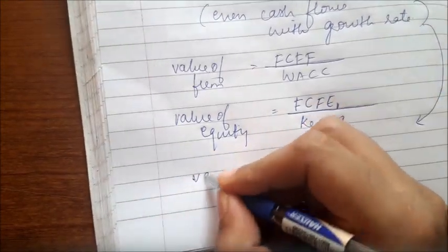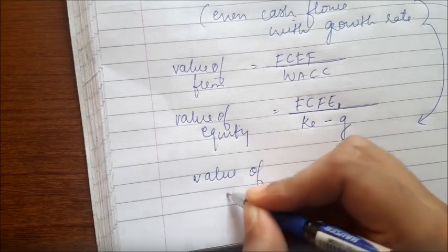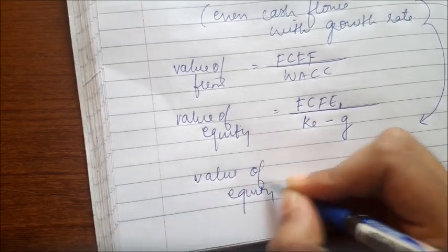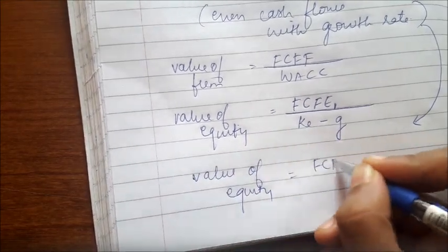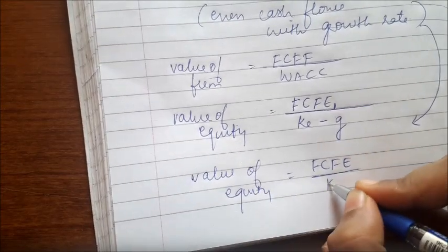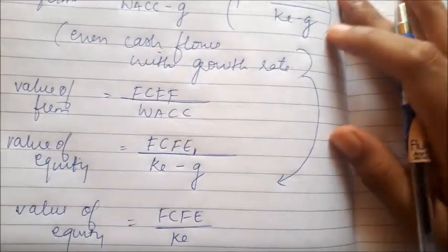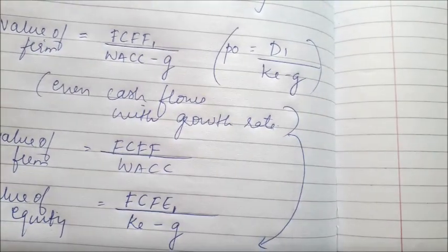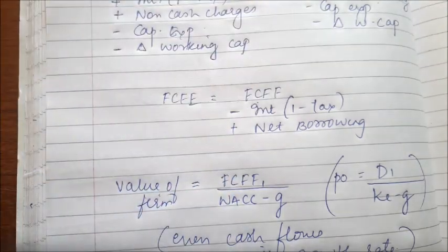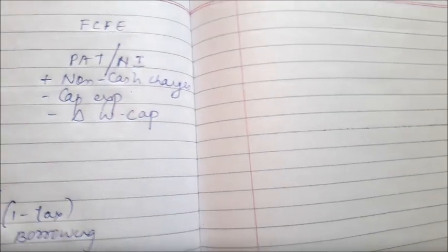If there is no growth rate, we take free cash flow to equity divided by Ke. These were the general formulas used in the past questions. There are many other adjustments too, but I'm taking the common adjustments used in most of the questions.